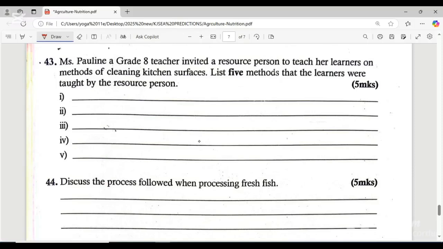Dusting, wiping, scrubbing, mopping, vacuum cleaning.